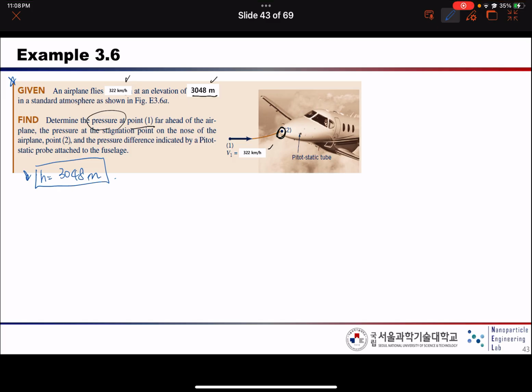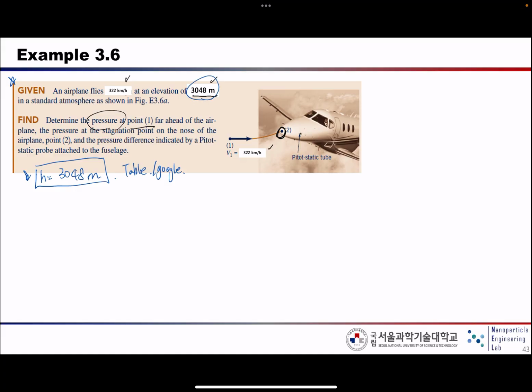If you use a table or Google, you can obtain the pressure at 3048 meters, so I will give this pressure: 69706 Pascal. This is at a height of 3048 meters.